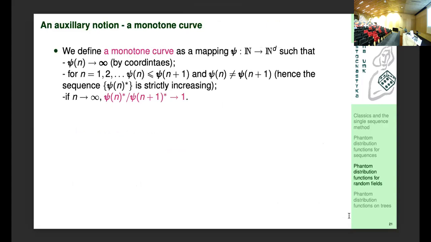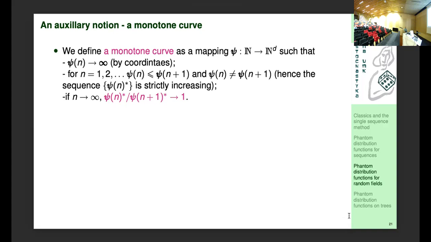To be able to describe the situation, to provide a suitable counterexample, let me introduce a monotone curve. This is quite natural. This is a sequence of points in the lattice, our Z^d lattice, such that all coordinates are converging to infinity.